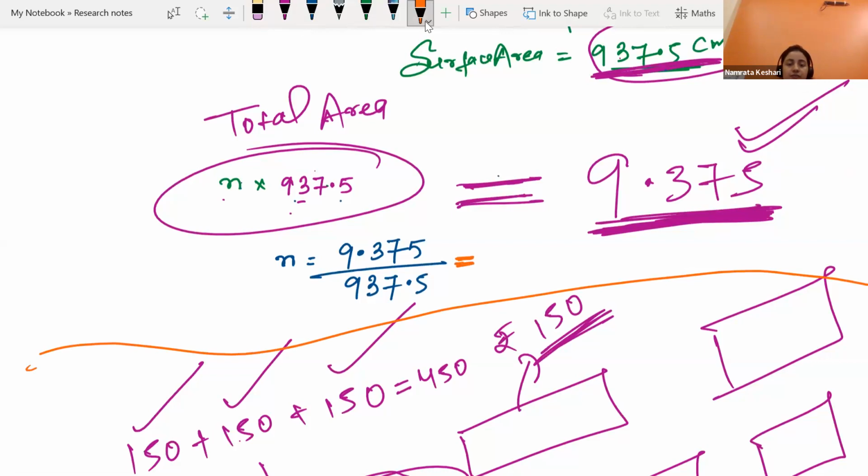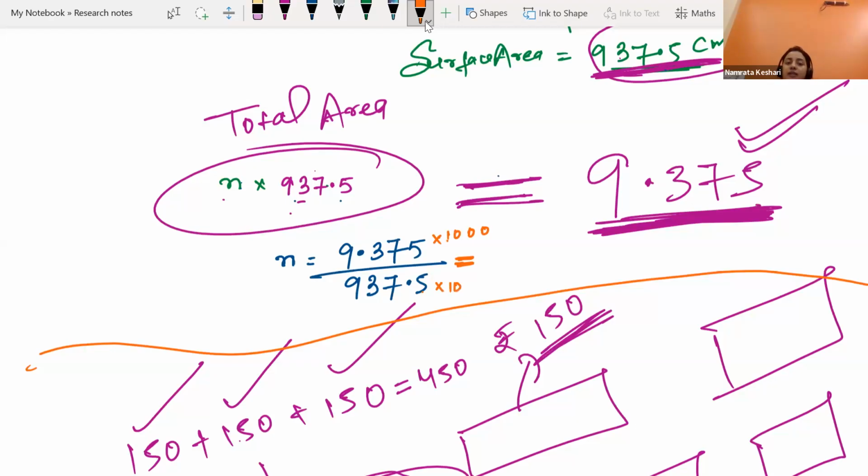Yes, ma'am. Okay, so in the numerator, what multiplication is required to remove the decimal? Into 1000. And in the denominator, to remove the decimal, multiplication of which number? 10 is required.